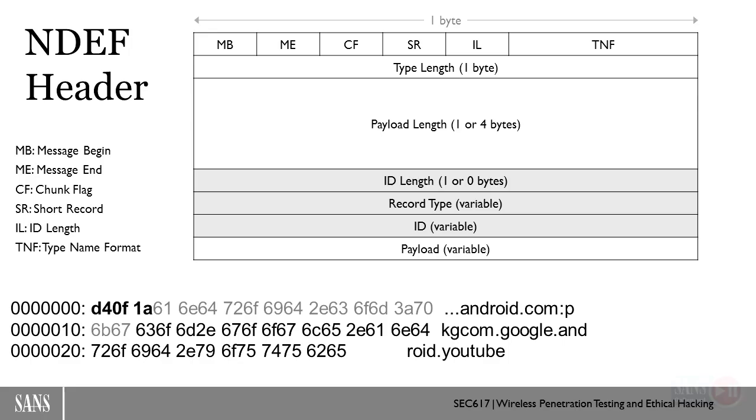And in this case, it's specifically telling, once read with NFC, to open the Android.com package, YouTube. So open the YouTube application. So we can now start to perform actions on the devices by using structured data for us to go and figure out where we should be doing that based on the type name format.